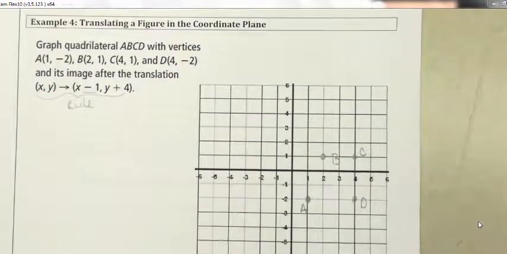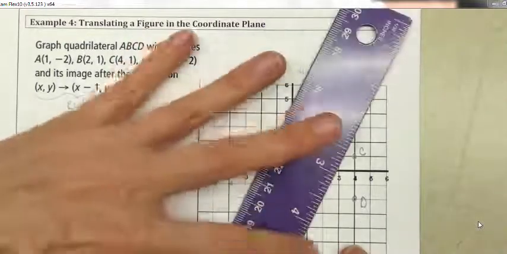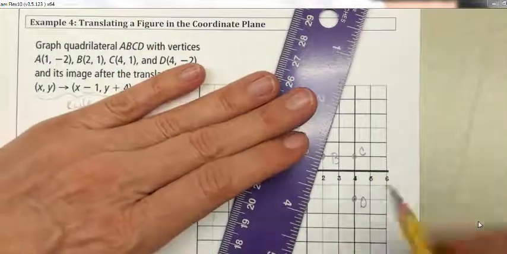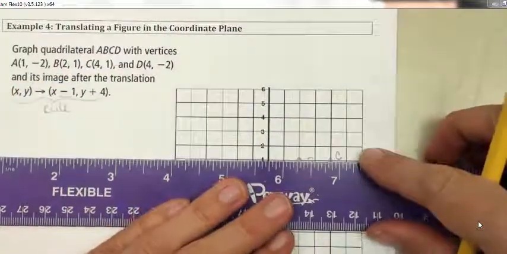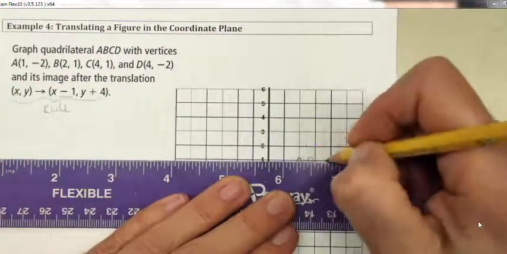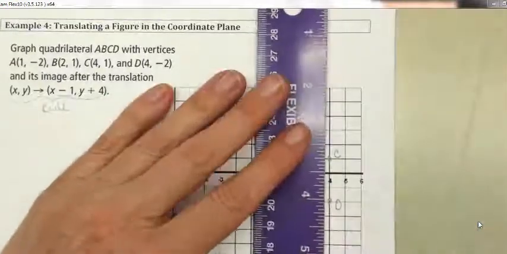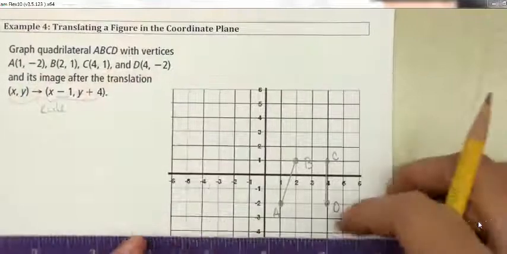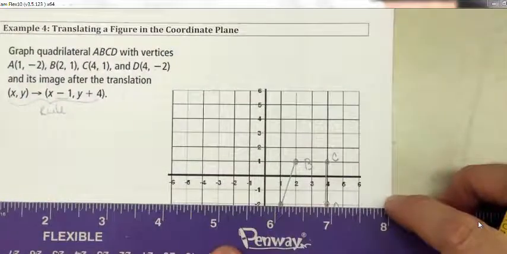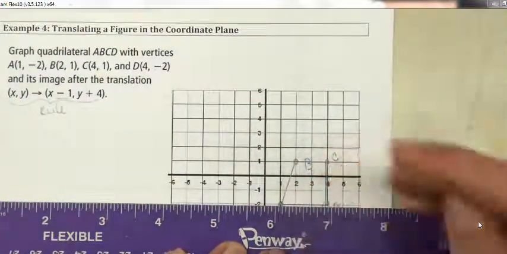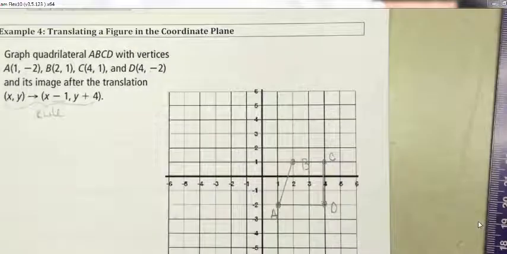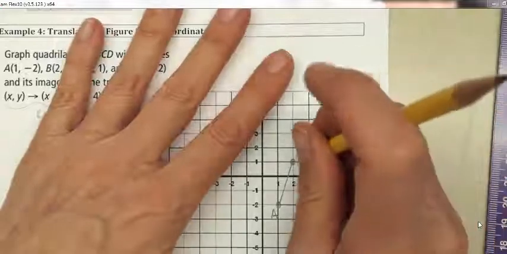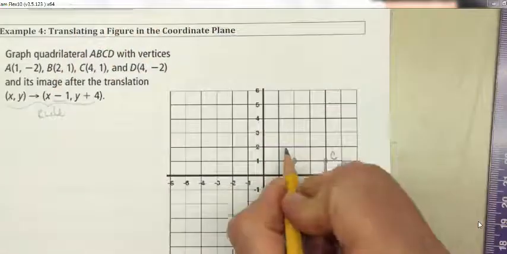Okay, so let's see. I think I'll use my ruler to keep this a little bit neat. This looks like a trapezoid. 2 parallel bases, and then 2 legs that are not parallel. Okay, now maybe I'm going to write my B out here, outside of the polygon.